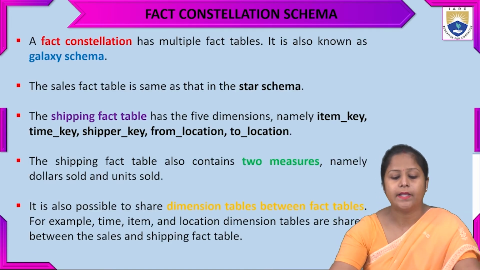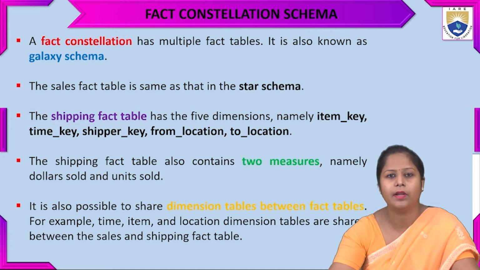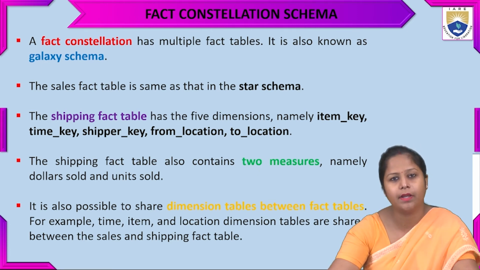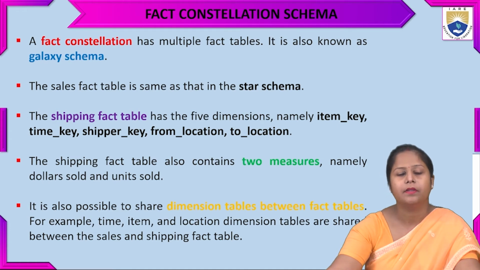So a fact constellation can have multiple fact tables and multiple dimension tables, so we can call it a galaxy schema. The sales fact table is the same as in the star schema example we have seen in the figure.